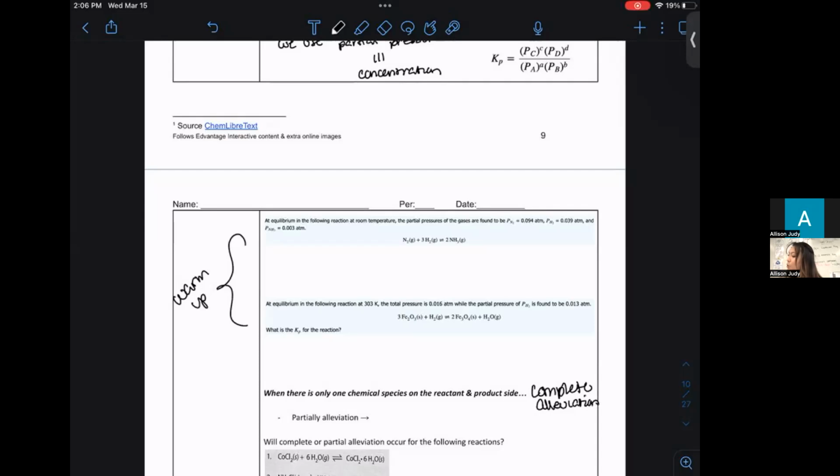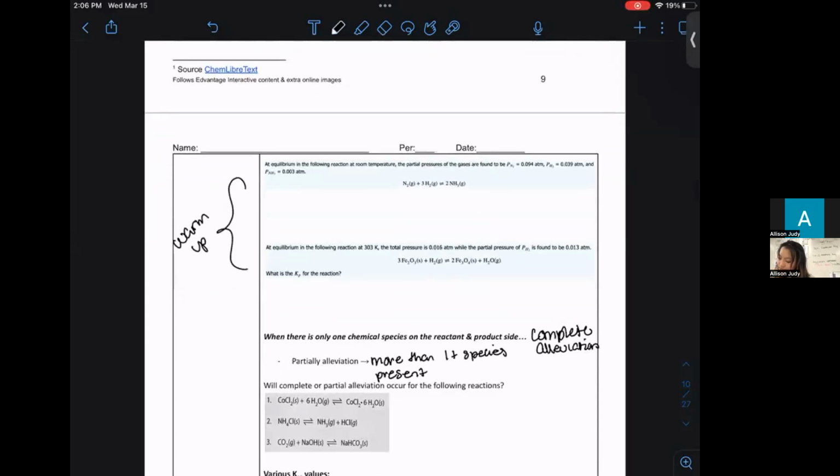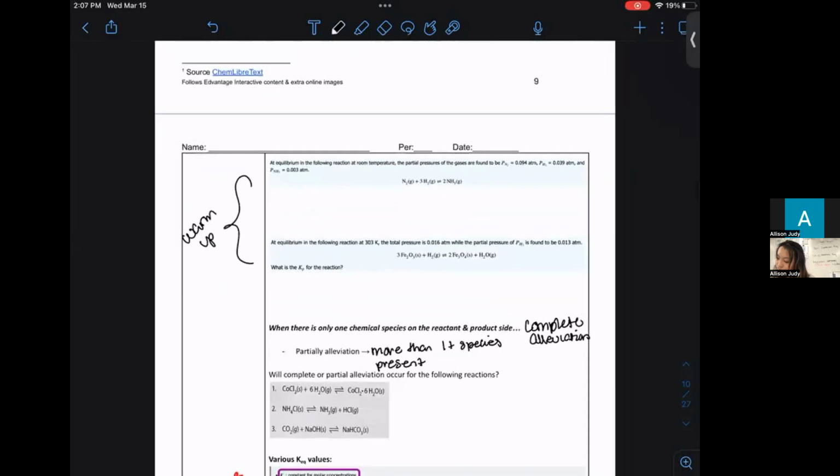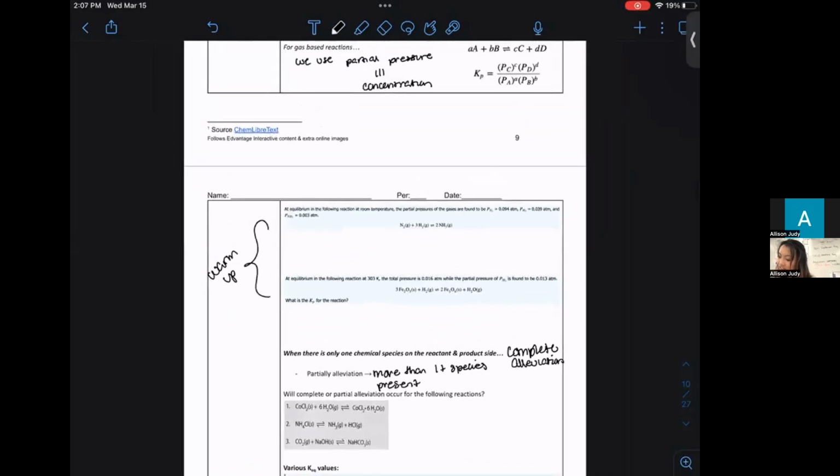If there's more than one chemical species, we call any shift a partial alleviation because it doesn't require all chemical species to change in order to restore equilibrium. So that's the end of that. We'll also warm up with this tomorrow.